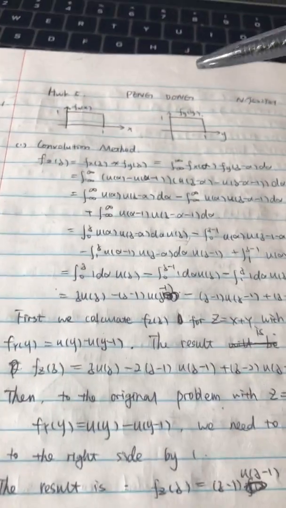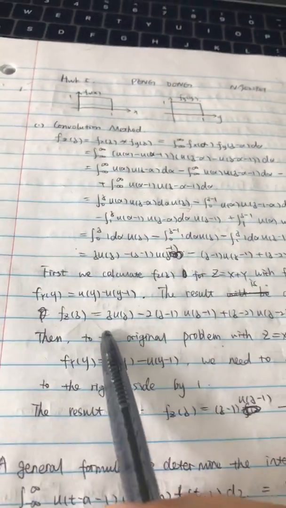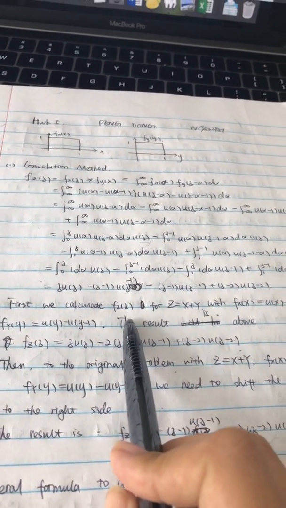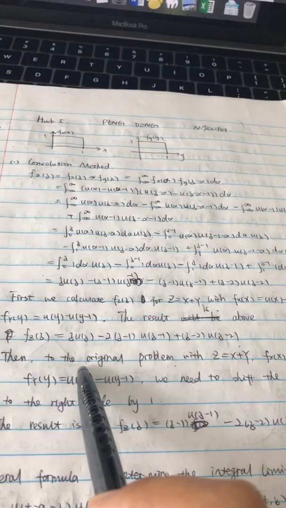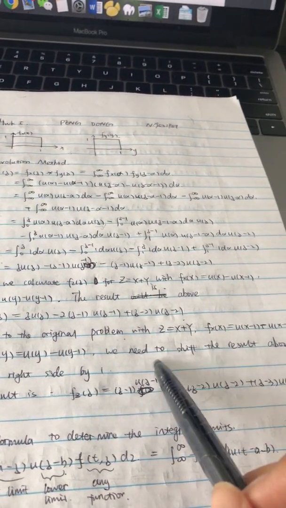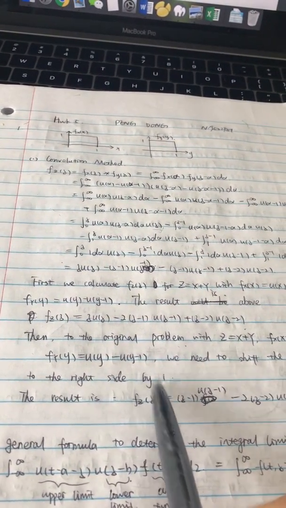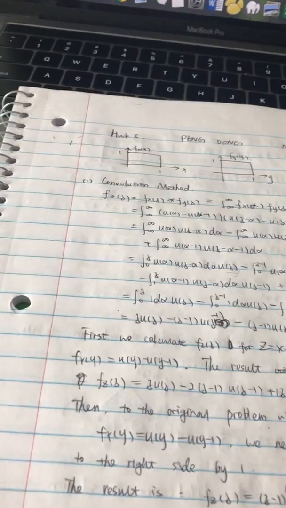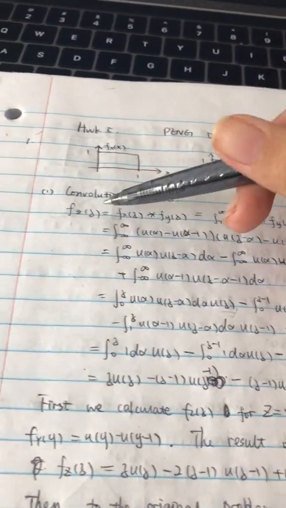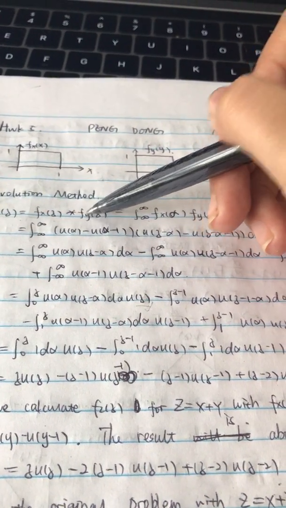But here in the question fX is shifted, so we first do the result of this one, and then shift this result to the right side by 1.